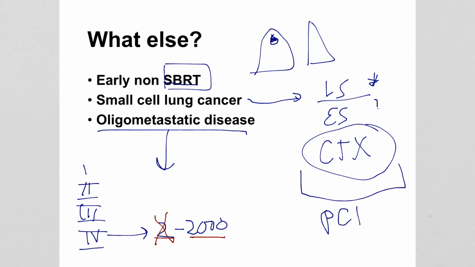There have been some trials in radiation over the last 5 years or so, and this really is an active area of research where folks are starting to think about pragmatic approaches to treating low-volume metastatic disease, what we call oligometastatic disease. Another term that you might hear is oligoprogressive.